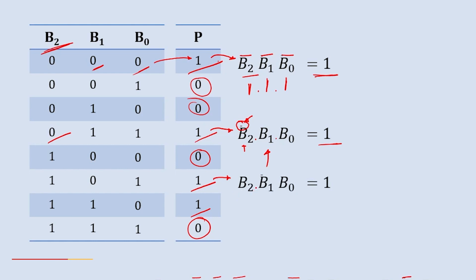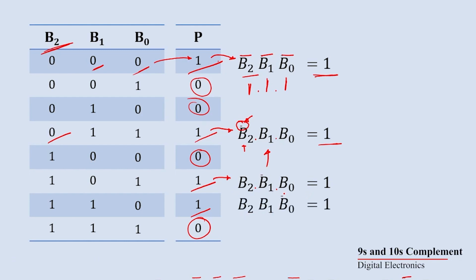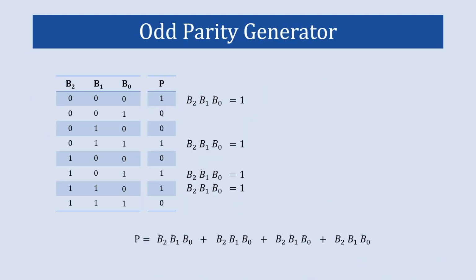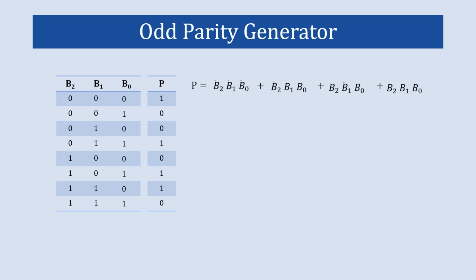It's B2 dot B1 bar dot B0, which gives us 1 in output, and finally B2 B1 B0 bar gives us 1. So now we'll combine them in order to get the final result. That is how we get the boolean expression for odd parity generator.